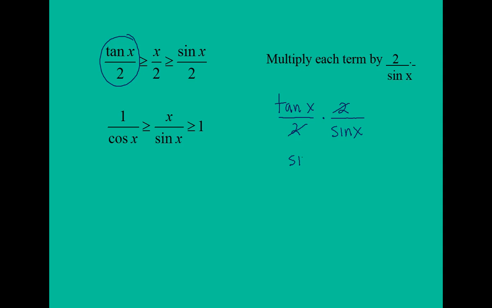Tangent is the sine of x divided by the cosine of x, times 1 over the sine of x. The sines reduce, and we're left with 1 over cosine of x. So we're multiplying each one of these intervals by 2 divided by sine of x. And we end up with this expression and this inequality.